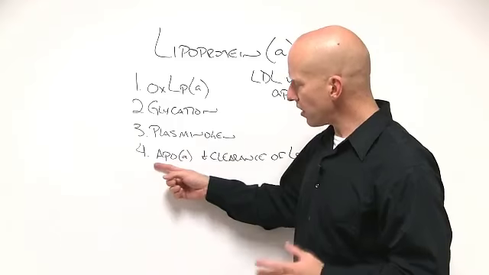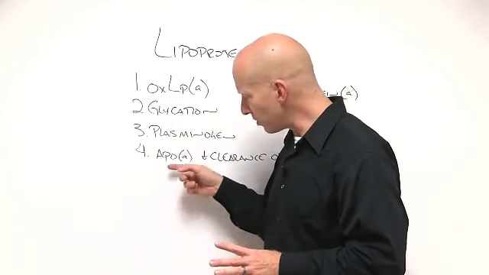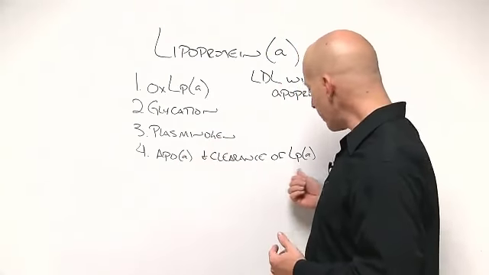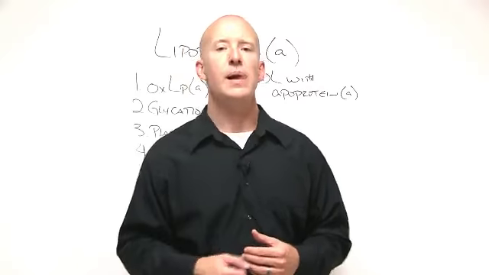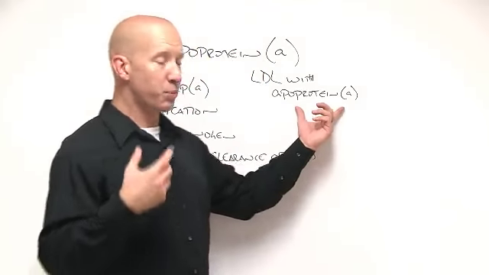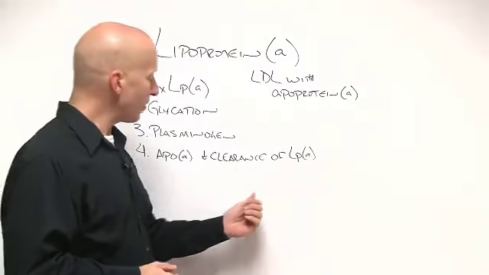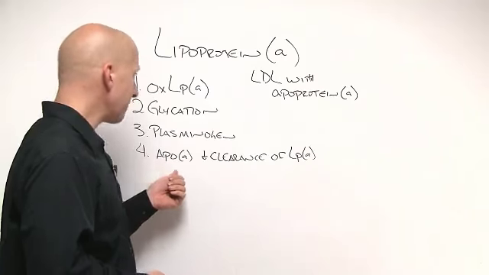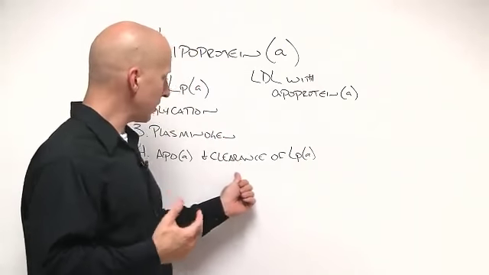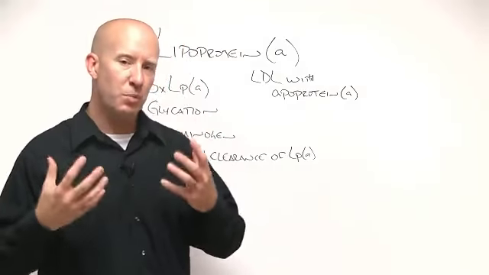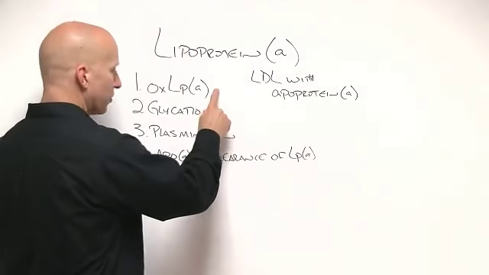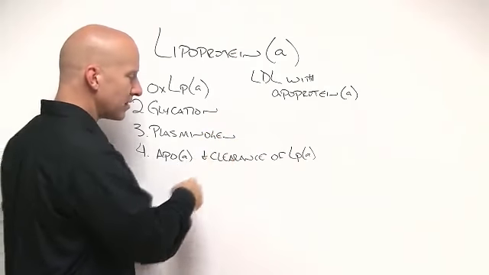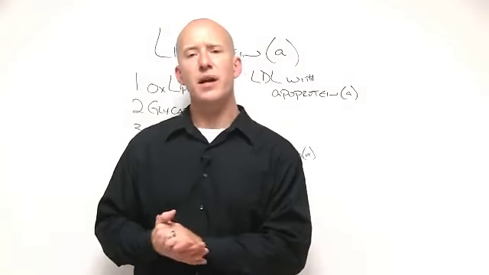The last thing to notice here, this is not lipoprotein A, this is apoprotein A. The protein itself seems to retard or decrease the clearance of lipoprotein A itself. So, if somebody has excess amounts of this protein, apoprotein A, they'll also have increased amounts of lipoprotein A. That apoprotein A helps decrease the clearance of lipoprotein A, which means that there's too much of it doing this atherogenic process, excess glycation or oxidation, as well as decreasing fibrinolysis, or the breakdown of fibrin.